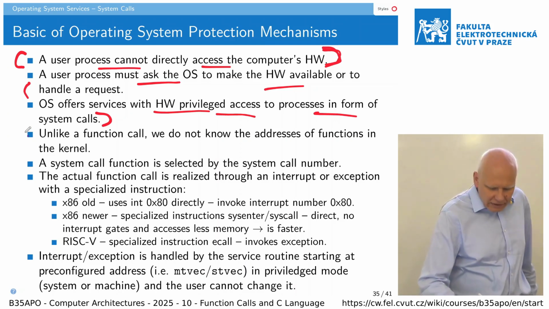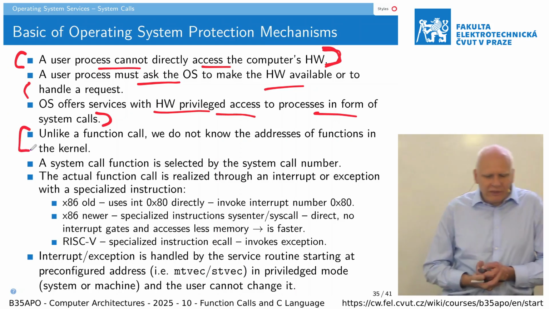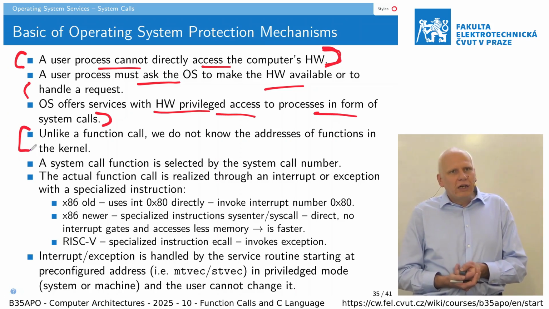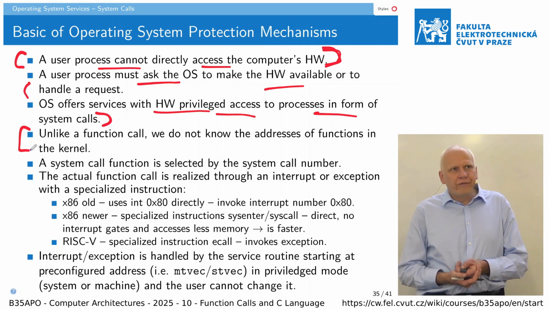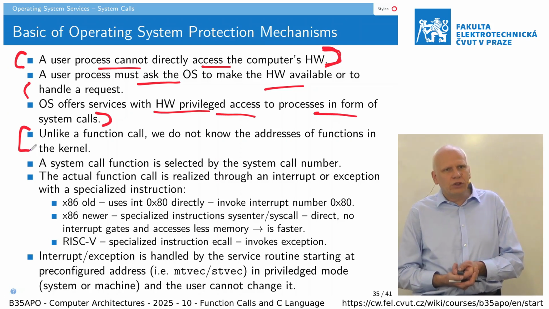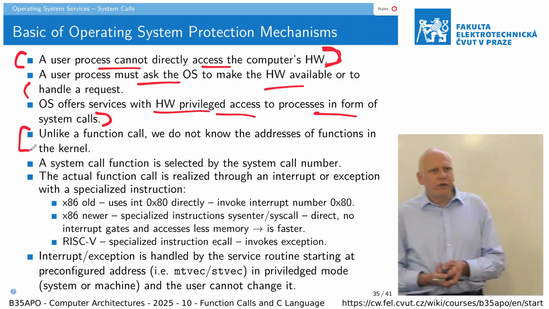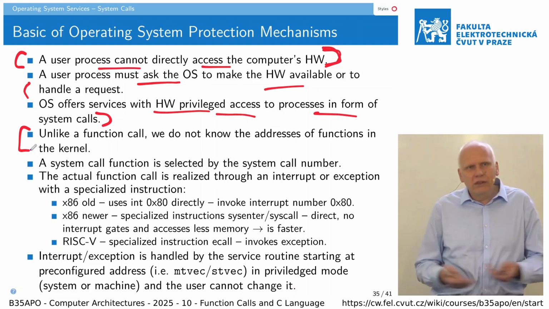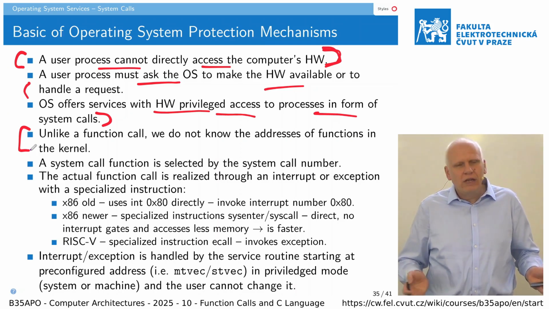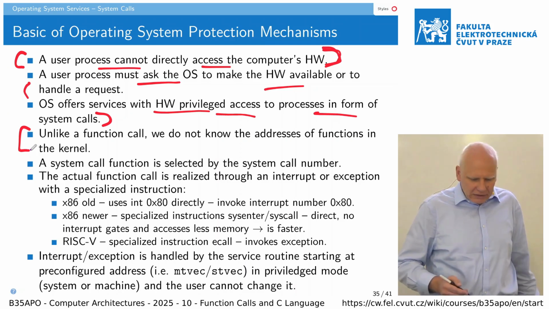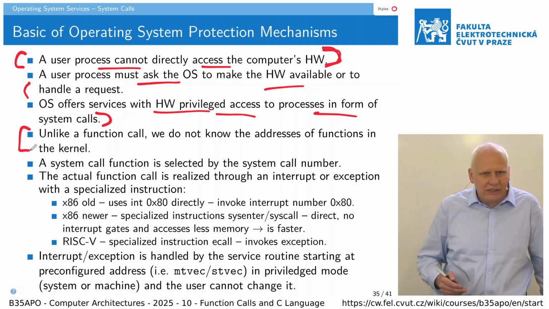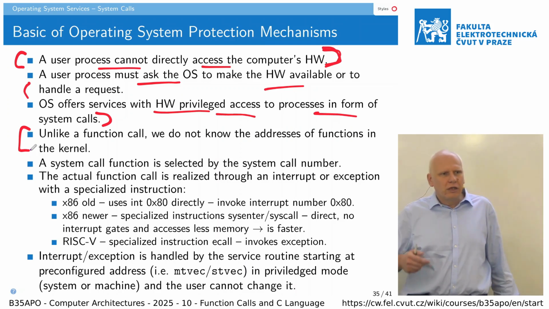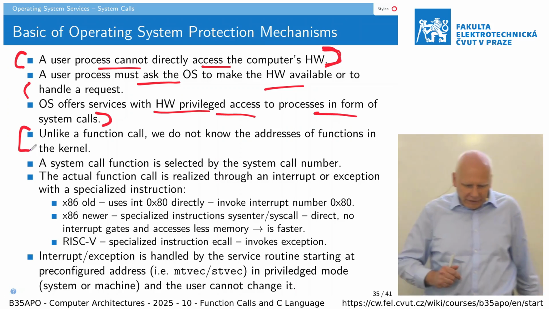And if we compare it with a function call, in the case of a system call, we cannot control where the execution will continue from the user task. Basically, the user task only invokes the system call, and where it goes is given by the setup of the operating system, which sets up some mechanism for how to handle those requests.